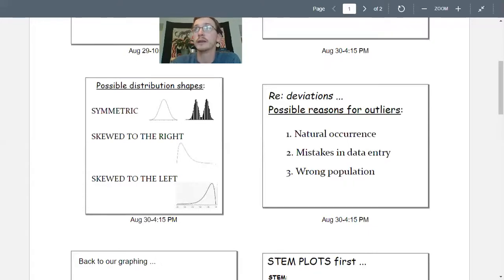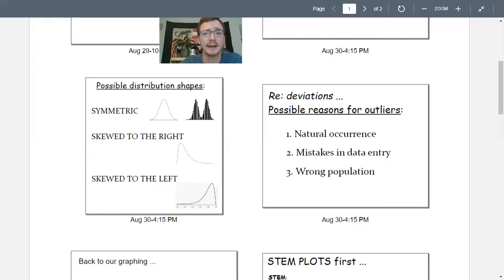Or if you're measuring video game ability, you're not going to go run an experiment on someone who hasn't played video games.